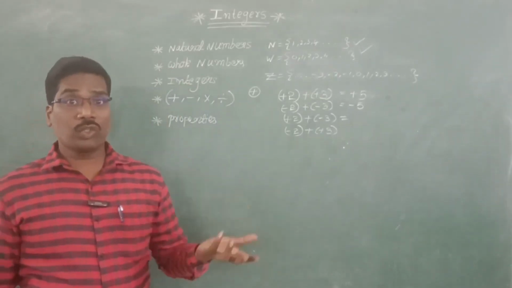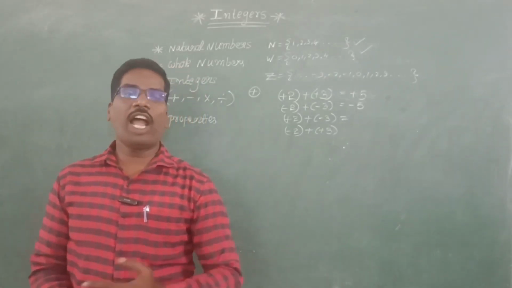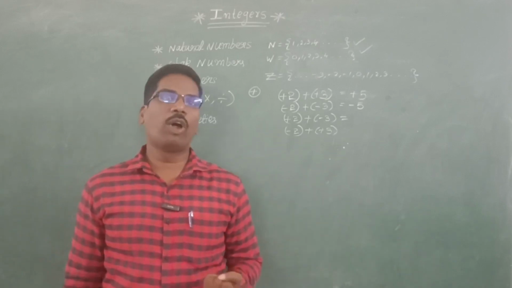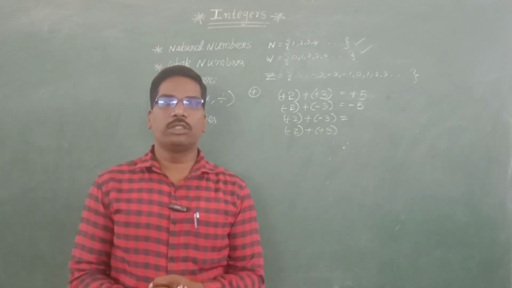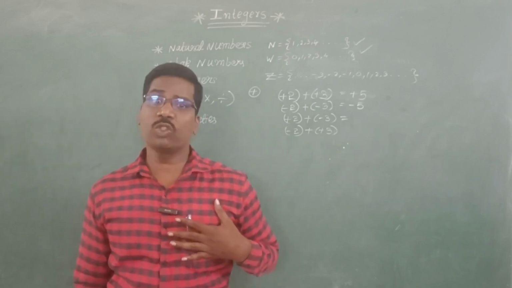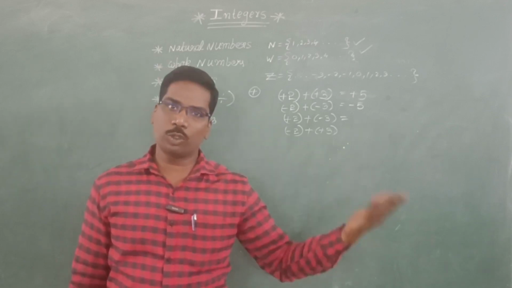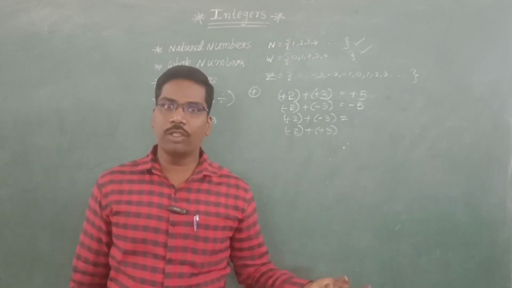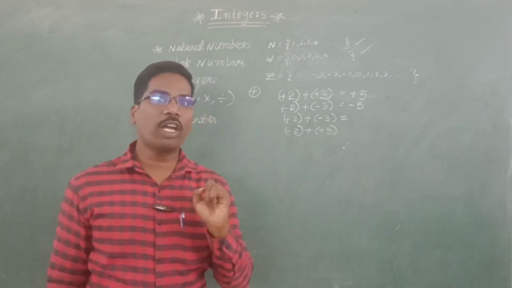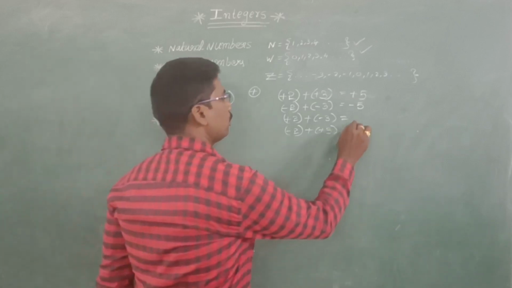Next, the sum of one positive and one negative integer. I will give the same kind of example. I have 2 rupees. I am borrowing 3 rupees. One day he came and asked me, you have taken 3 rupees, please give me. At that time how much do I have? 2 rupees. So I give the 2 rupees. Still I have to give him 1 rupee. That is the balance, isn't it? I have to give, so minus 1.